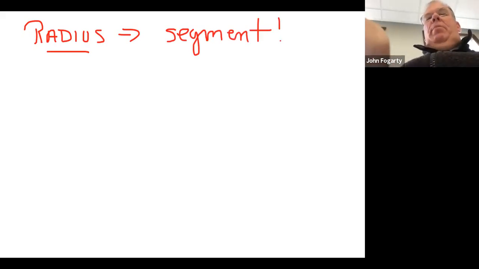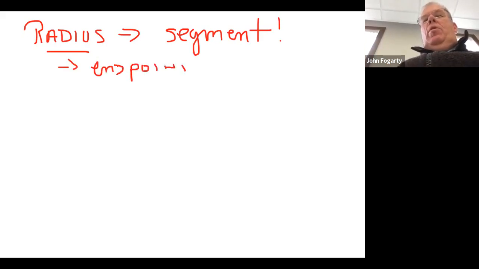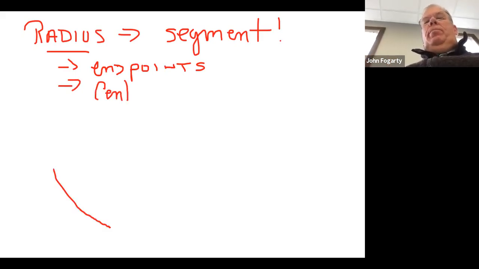But a segment, unlike a line, has what we call endpoints. So a radius is simply a line segment whose two endpoints are the center and a point on the circle.